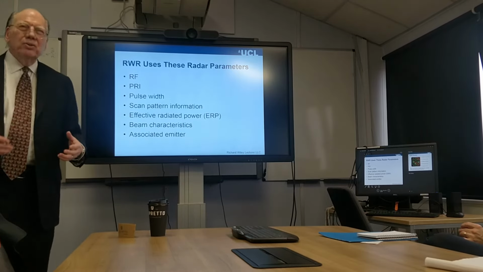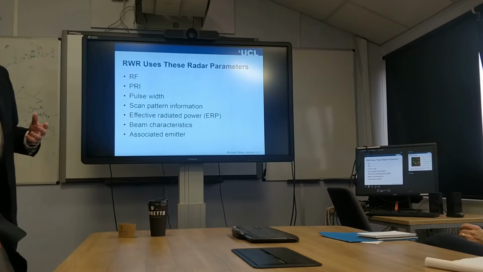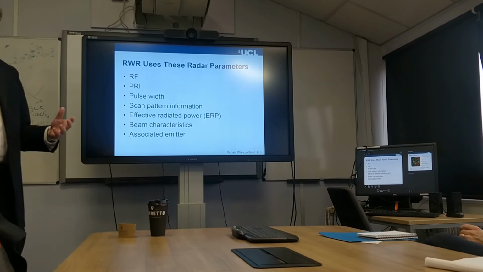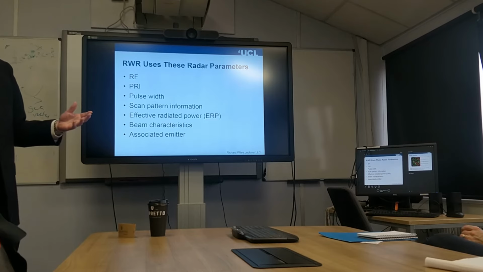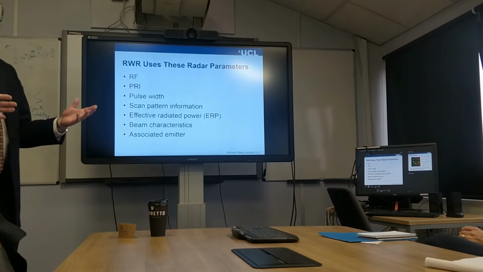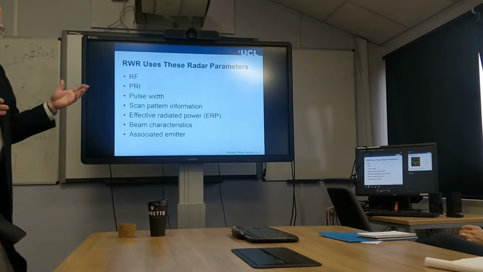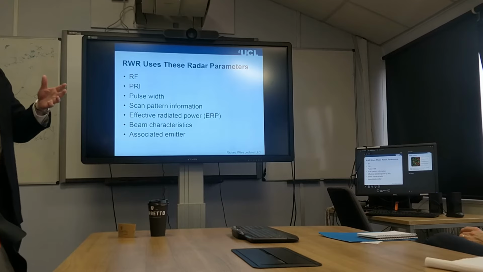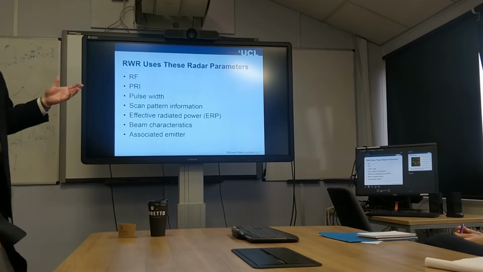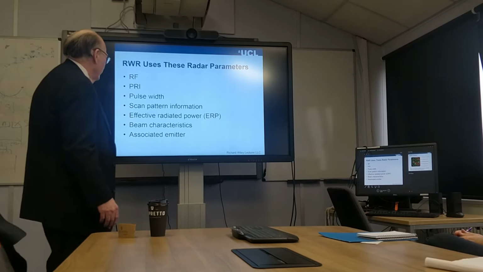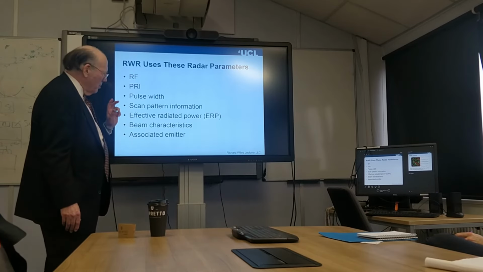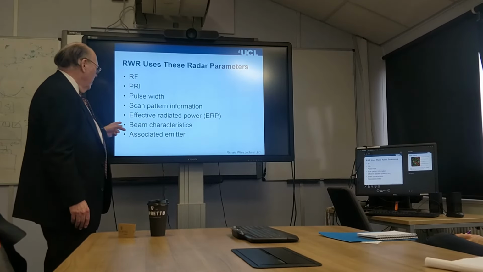It doesn't measure effective radiated power, but it measures the relative strength of signals. So if I have a very strong signal, it'll show up as a strong signal. If it's a weak signal, it shows up as a weak signal. But it's not actually trying to measure the ERP specifically, it just measures relative ERP.